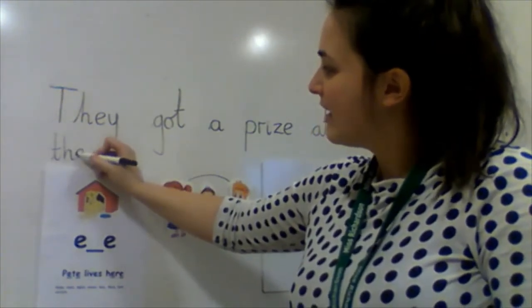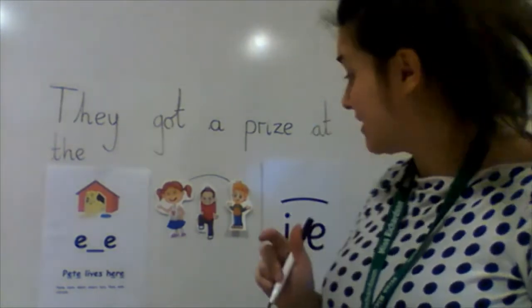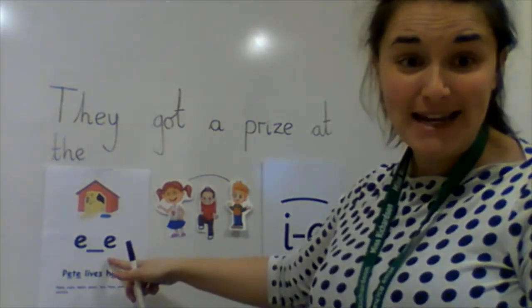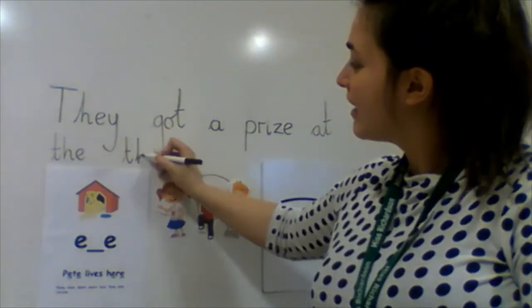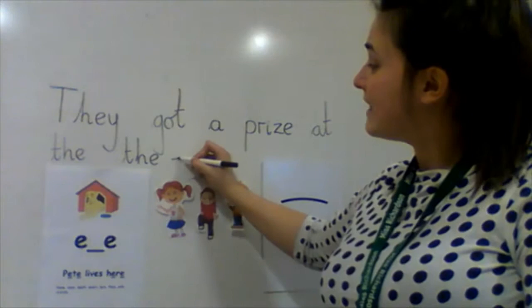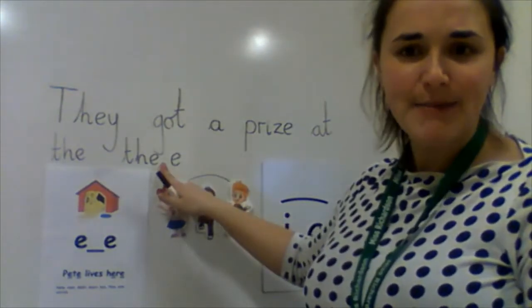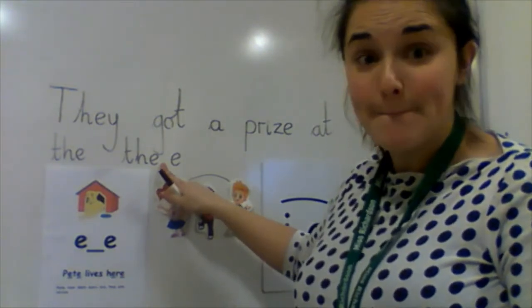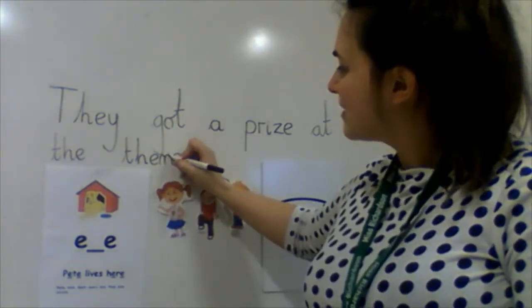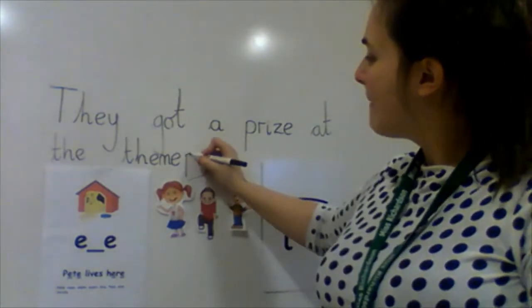The E. Oh, I can hear another split digraph. Here's my E sound. E. There's my split digraph. What sound is going to go in the middle? E. Come back to the sound in the middle. Theme park.